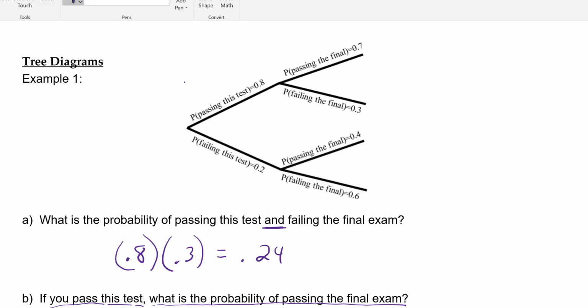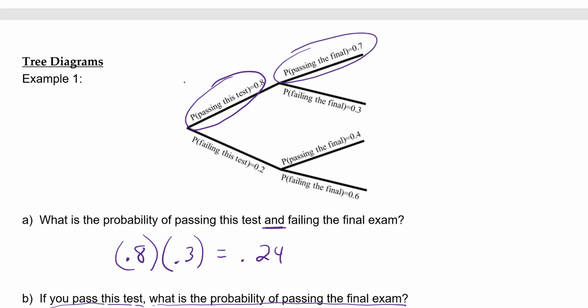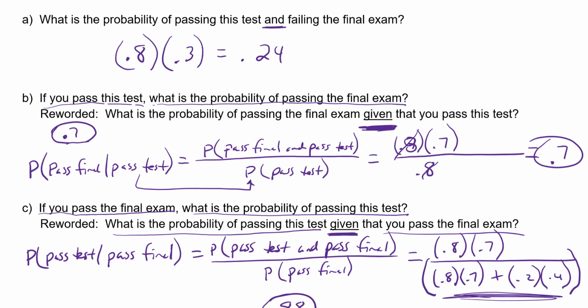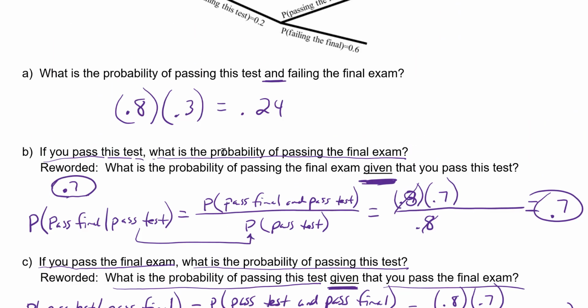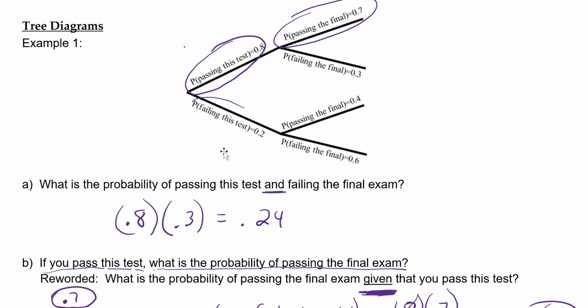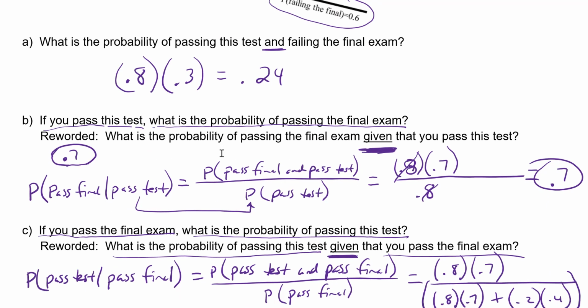Okay, so the probability of passing both the test and the final is 0.8 times 0.7. So let's do that. It's 0.8 times 0.7, or failing both. Let's go back up to it. How do you fail both? Well, you fail the test and you fail the final. So 0.2 times 0.6.